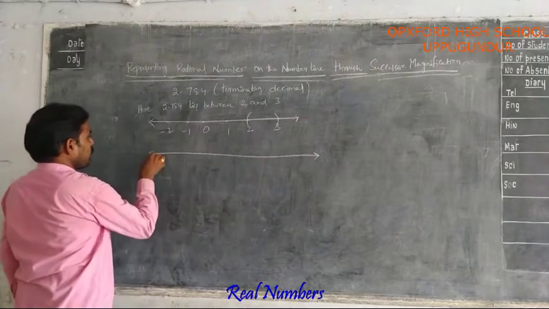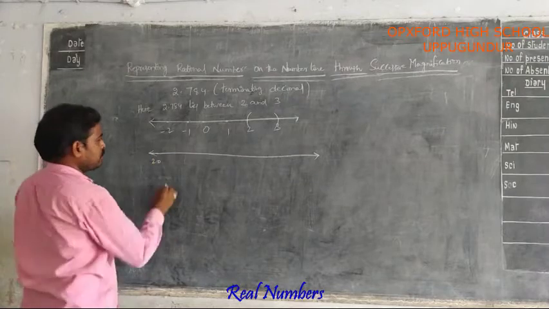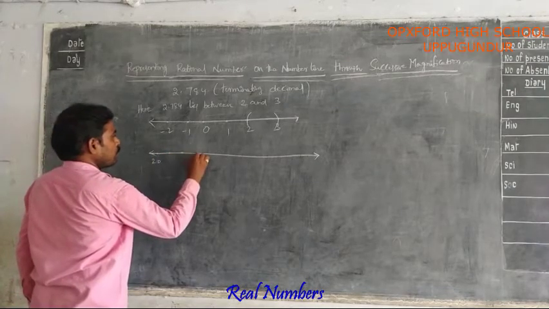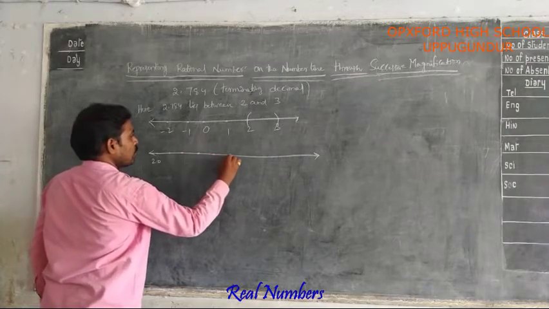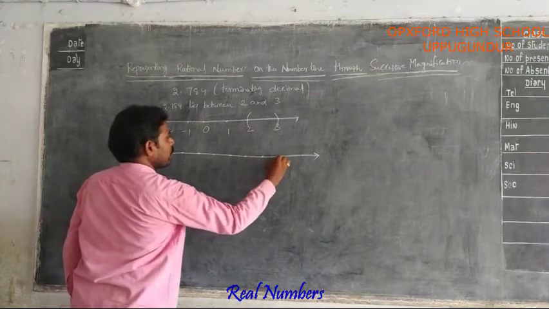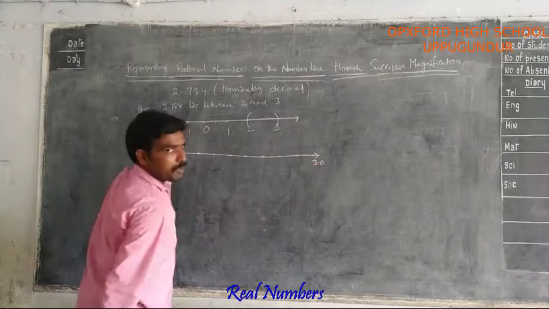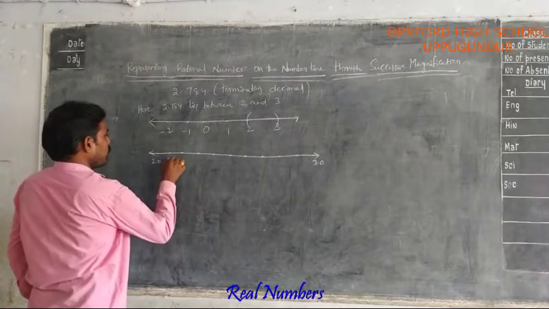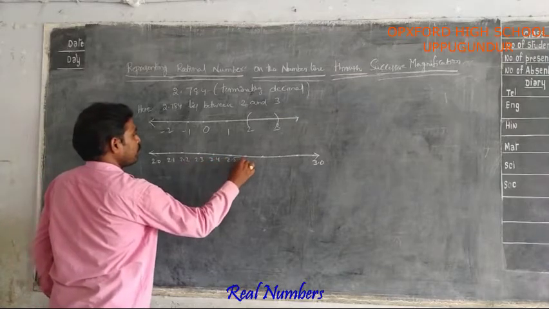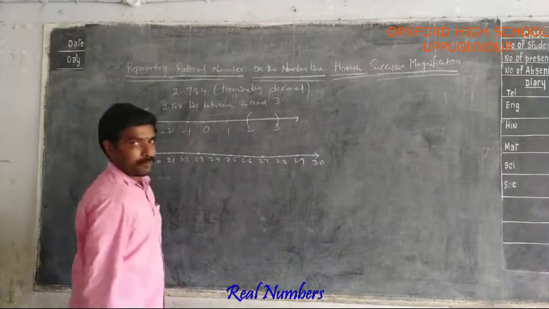What are those 10 equal parts? This one is 2.0, then 1, 2, 3, 4, 5, 6, 7, 8, 9, 10. This is 3.0. So 2.1, 2.2, 2.3, 2.4, 2.5, 2.6, 2.7, 2.8, 2.9, 3.0.